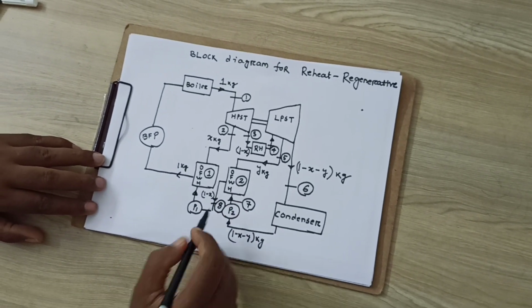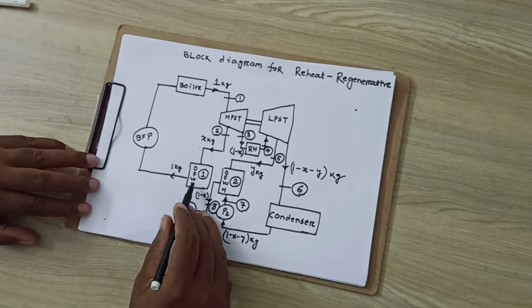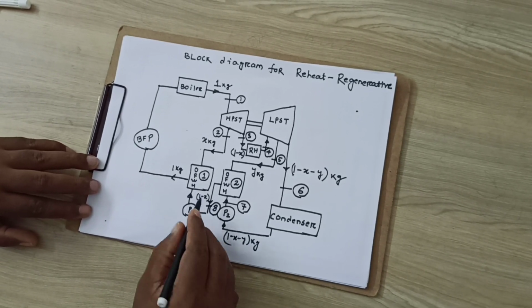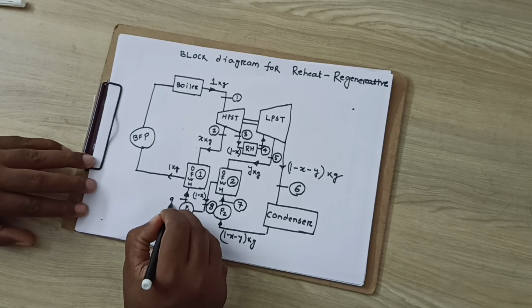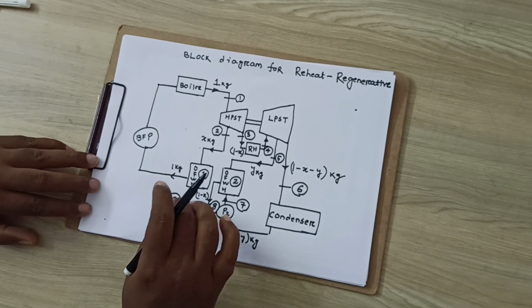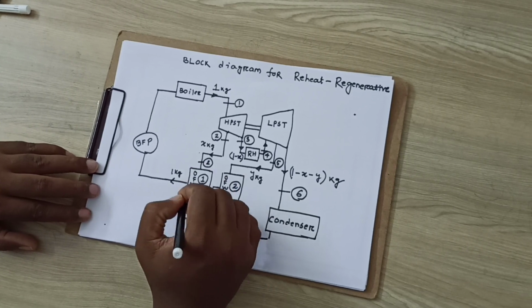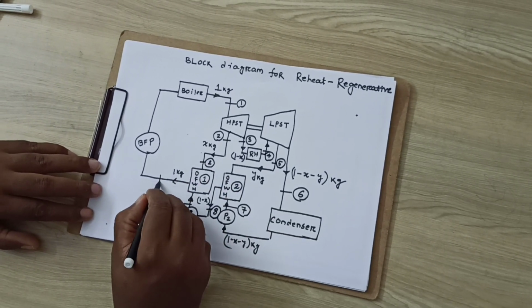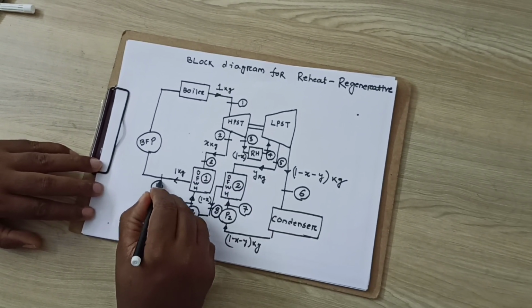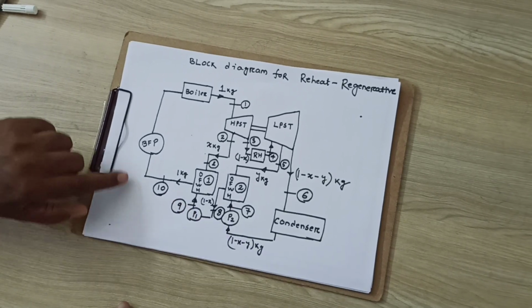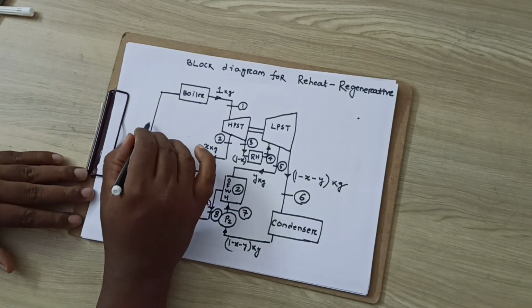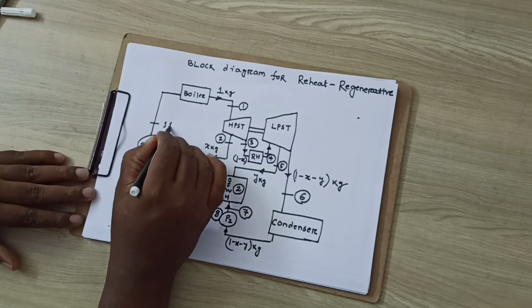Then state point 8 goes to OFWH1 through pump 1. So after pump 1, the state changes to state point 9. State point 9 and state point 2, this is state point 2, are both added, and here this will be state point 10. After the boiler feed pump, it will be state point 11.